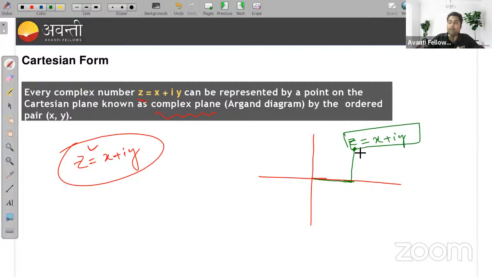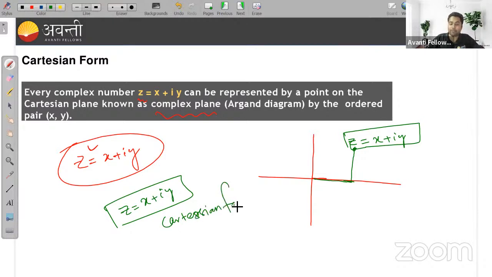So this is the point z equal to x plus iy. This is the Cartesian form of the complex number.